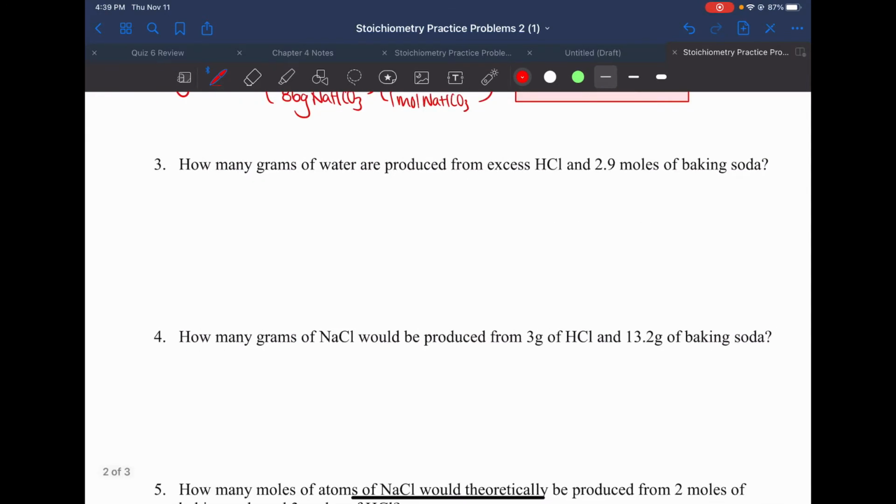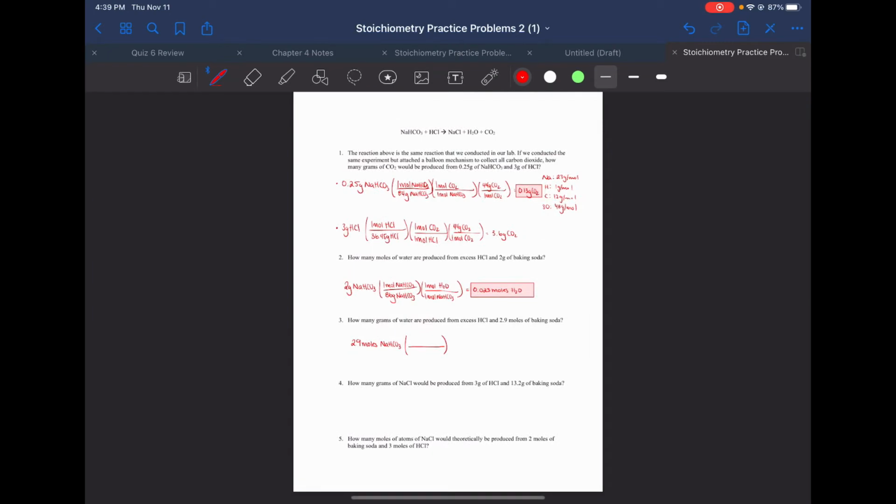How many grams of water are produced from excess HCl and 2.9 moles of baking soda? So similar. We're starting with moles, 2.9 moles of NaHCO3. And then we're already in moles, so we have the ticket to get on the mole train. So we're going from here to water. So it's a 1-to-1 ratio.